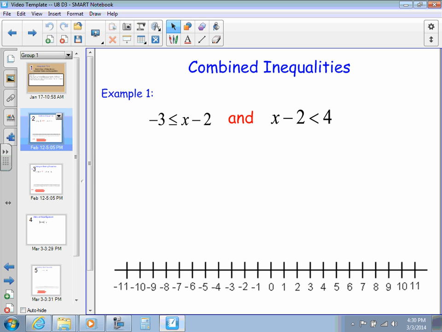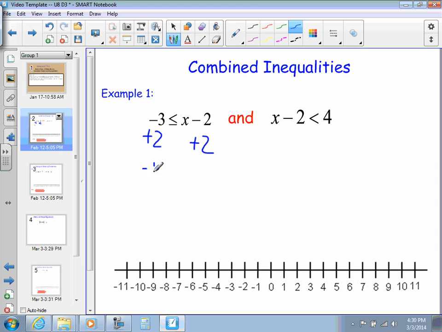Now let's go ahead and solve each of the inequalities. I need to get this x by itself, so I will add 2 to both sides of the inequality, which will give me -1 is less than or equal to x.